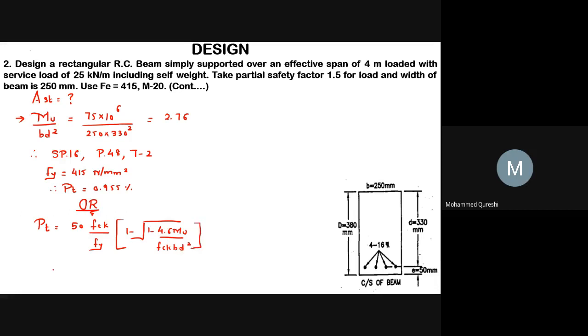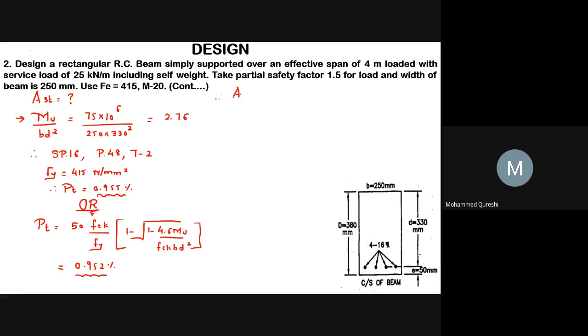By using this equation, you will get the value of PT as 0.952%, which is almost near to 0.955%.